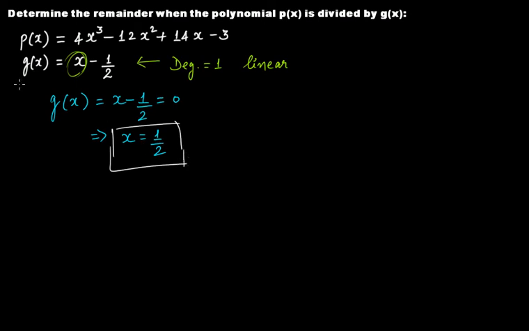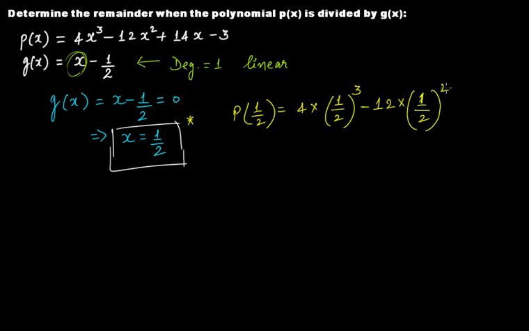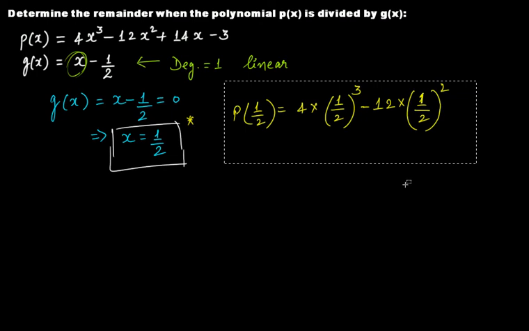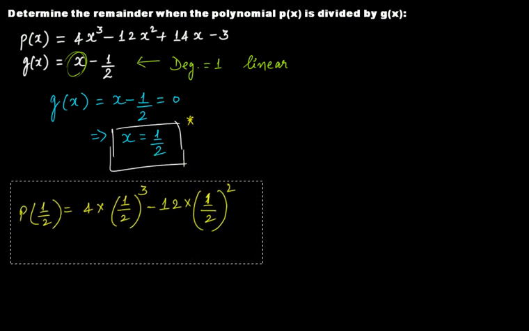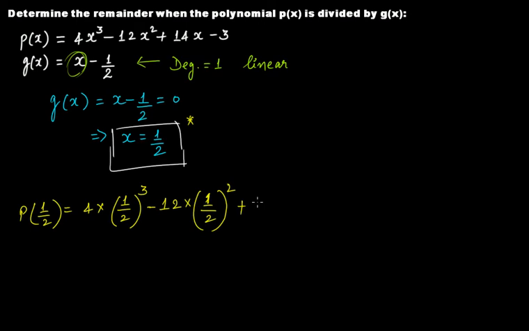If you put x equal to 1/2 in place of x in p(x), you get p(1/2) is equal to 4 multiplied by (1/2) whole cubed minus 12 multiplied by (1/2) whole squared, plus 14 multiplied by 1/2 and minus 3.